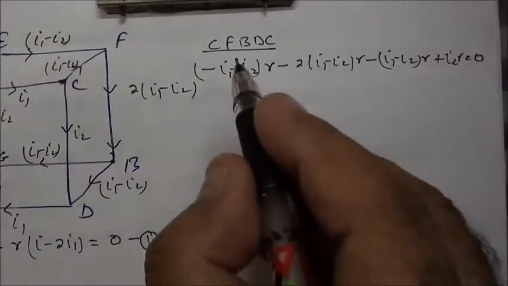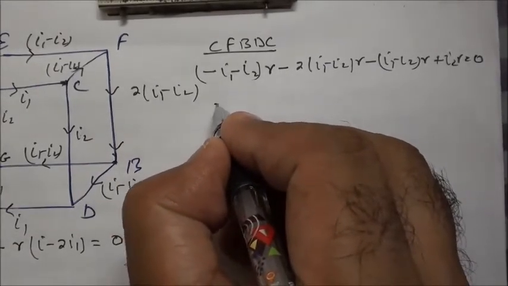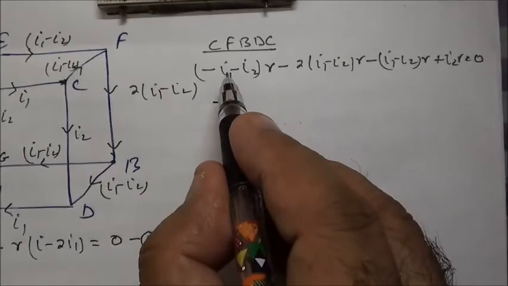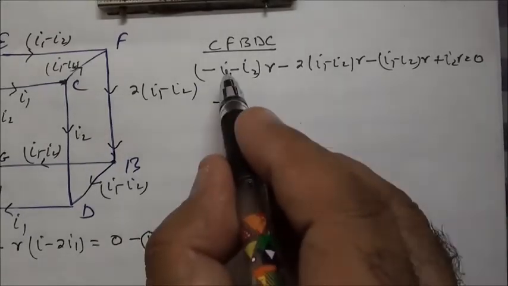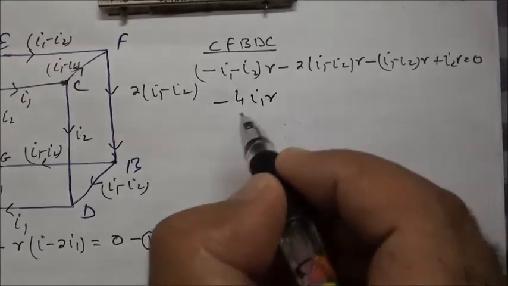So if I simplify it, it becomes minus I1 terms, 1, 2, 3 and 4. So minus 4 I1R.